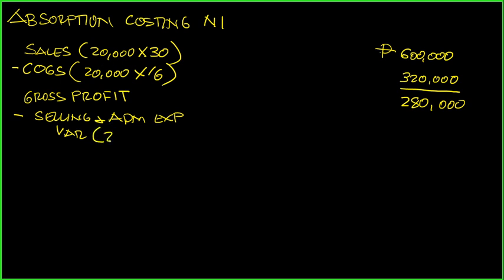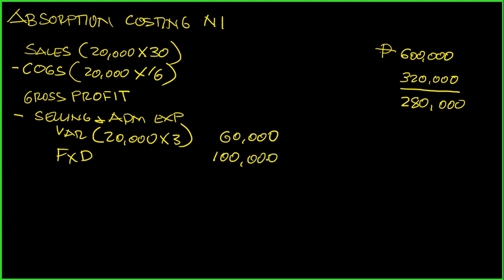Since we sold 20,000 units, times 3, that's going to be 60,000. And then your fixed is 100, from our previous slide.